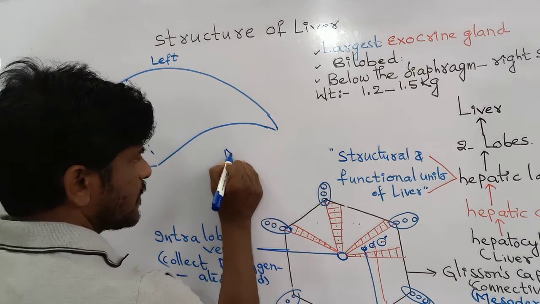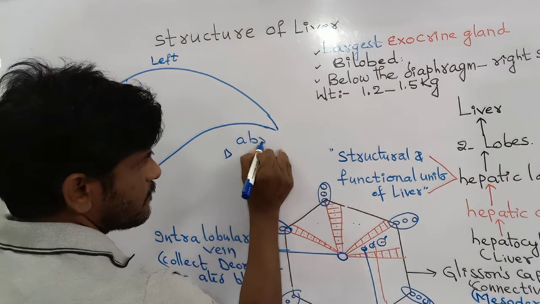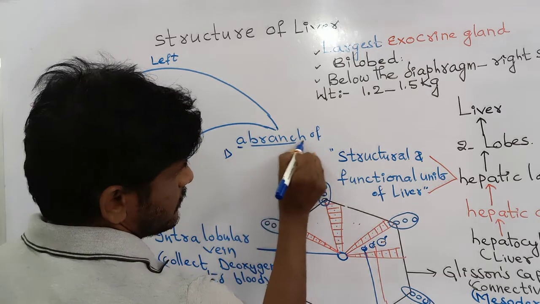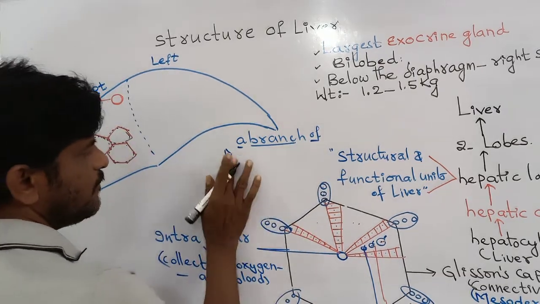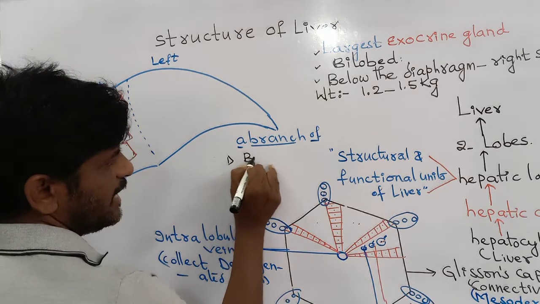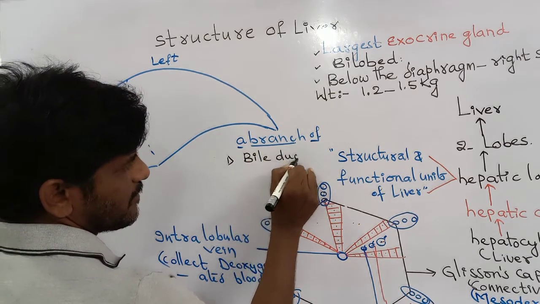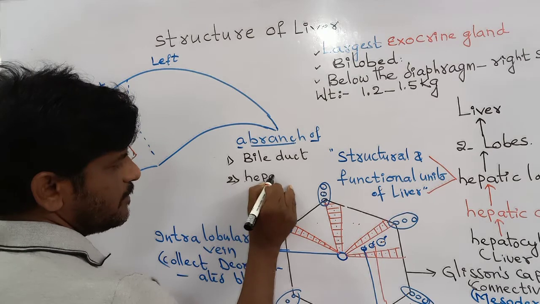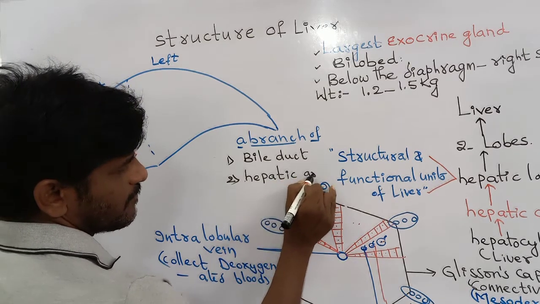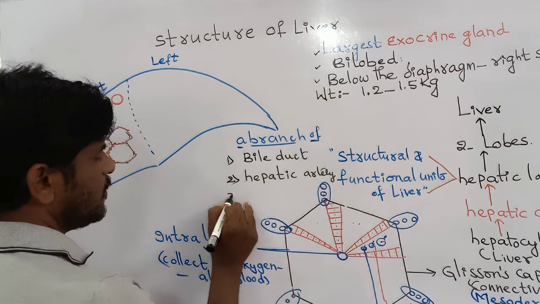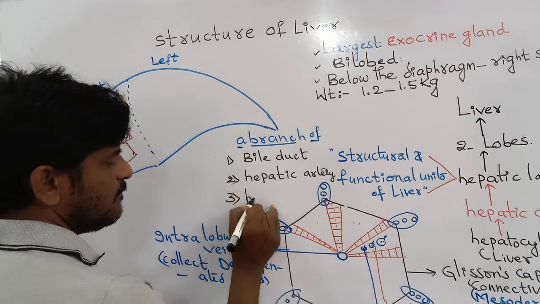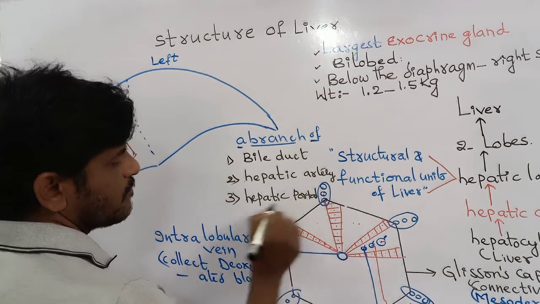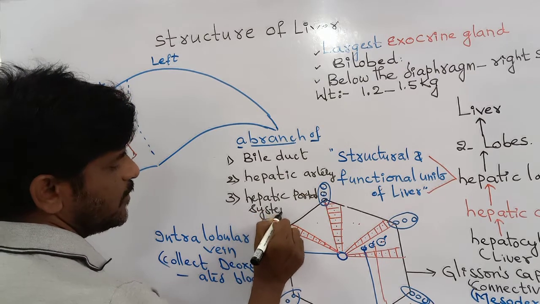A hepatic triad contains a branch of the bile duct, and one more, a branch of the hepatic artery, and one more, a branch of the hepatic portal vein, or hepatic portal system.